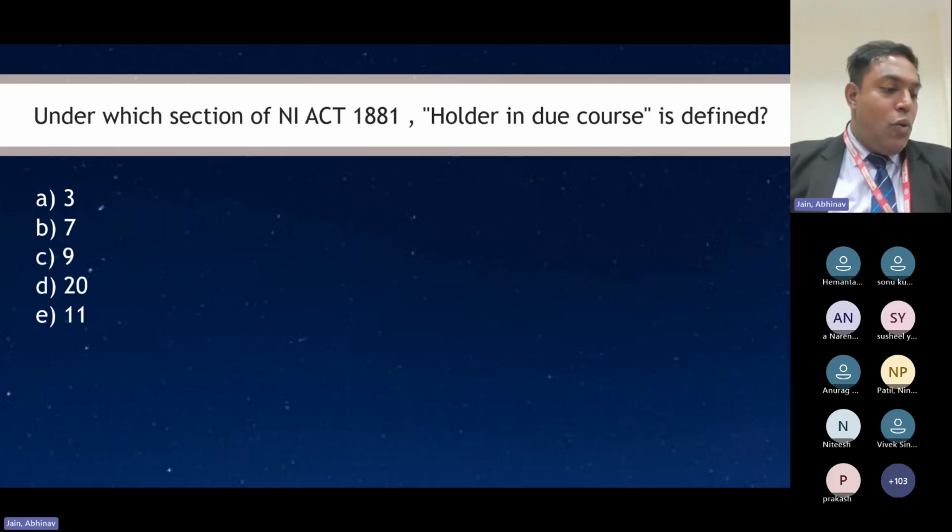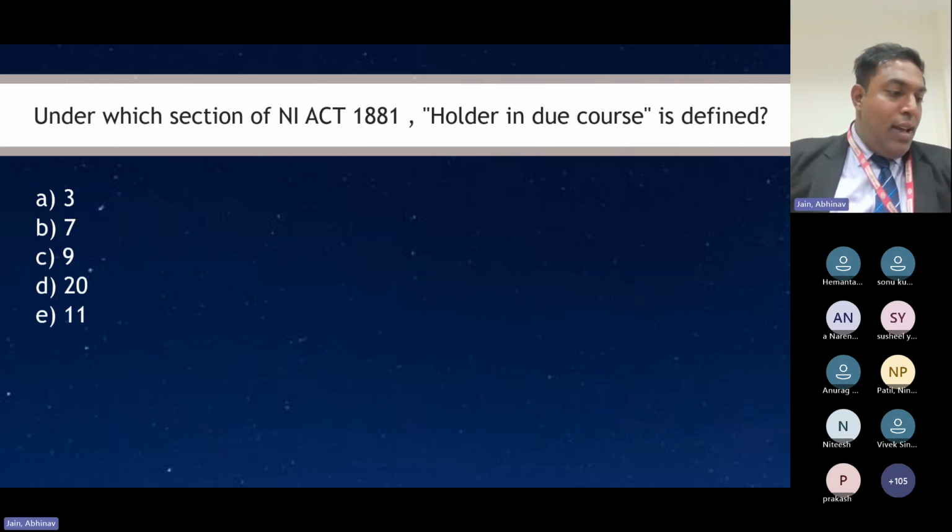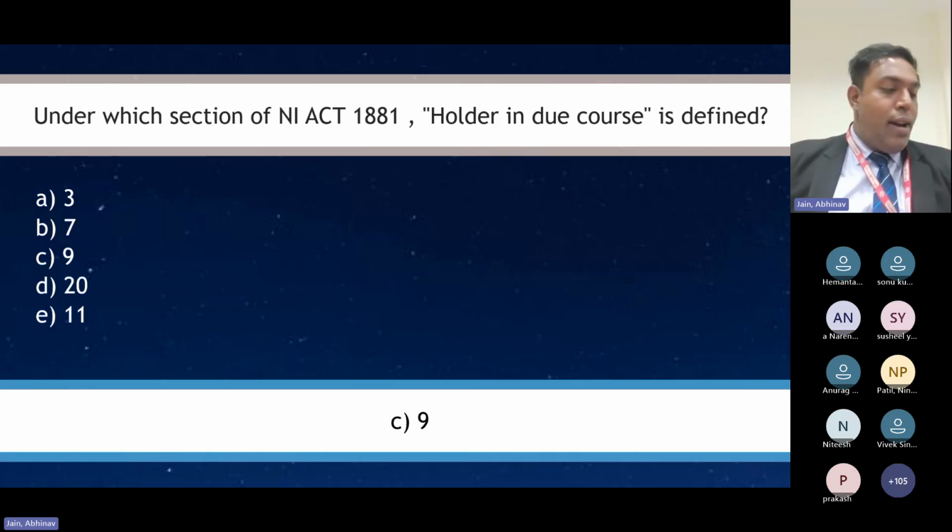Very good. Some of you are writing other explanations also, like somebody has written section 8 is holder. Okay. Most of the people are responding as section 9. So you all are correct.